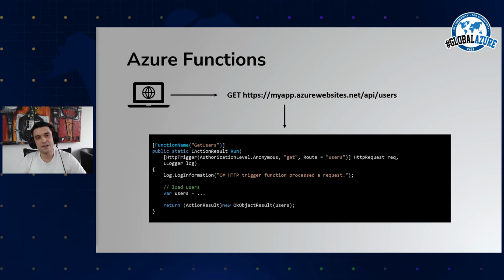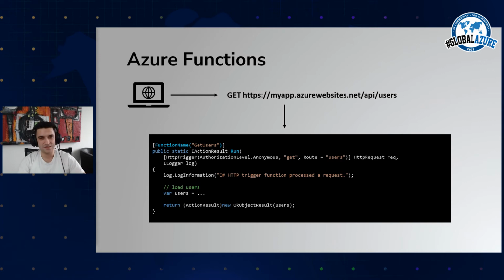In this Azure Function, I have some flexibility. I could, for example, look for some query parameters that have been provided in the URL. In this case, there is no query parameter. And what we're going to do is just call our logic to load all the users that are requested right now, and then return them as an action result. So it's as simple as that.